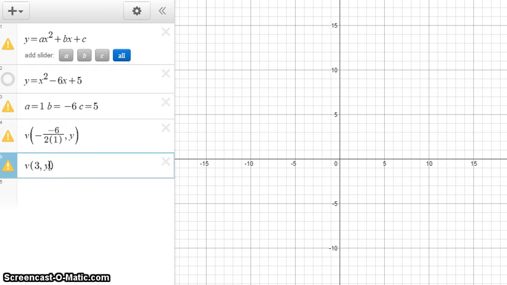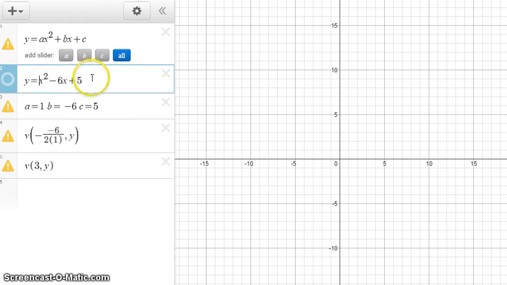Okay, it's straightforward. The equation is x squared minus 6x plus 5. As long as I can put any x value in there, the equation is going to give me a y value. So all I have to do with this 3 is sub the 3 in there.